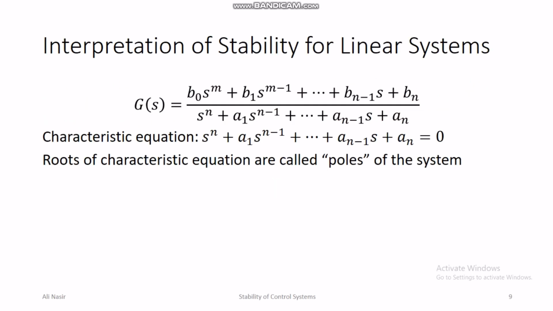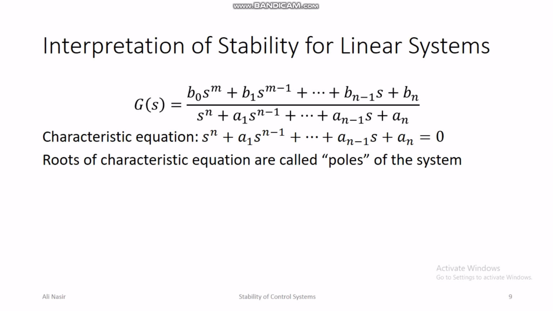Now we come to the interpretation of stability for linear systems, especially linear time invariant systems. In order to calculate the stability of linear time invariant systems, if the system is represented in terms of a transfer function, then putting the denominator polynomial of the transfer function equal to 0 gives the characteristic equation, and the roots of the characteristic equation are called poles of the system.